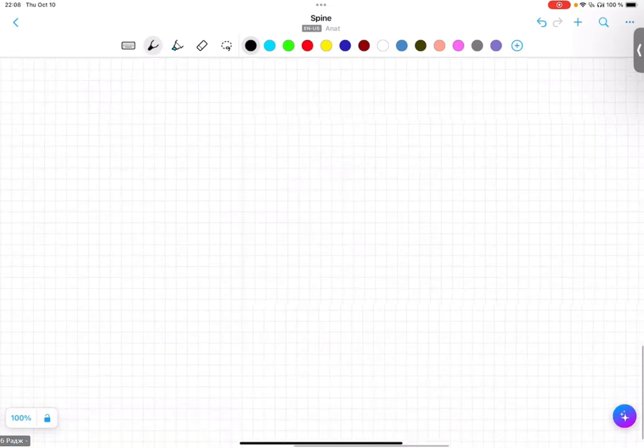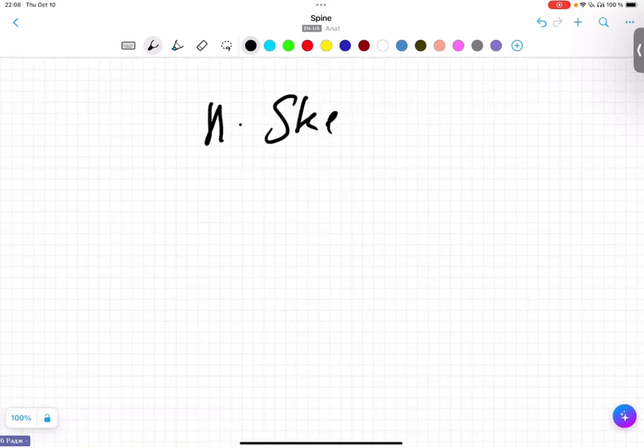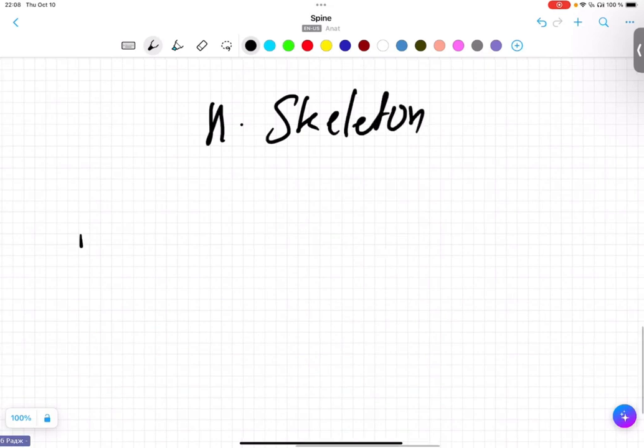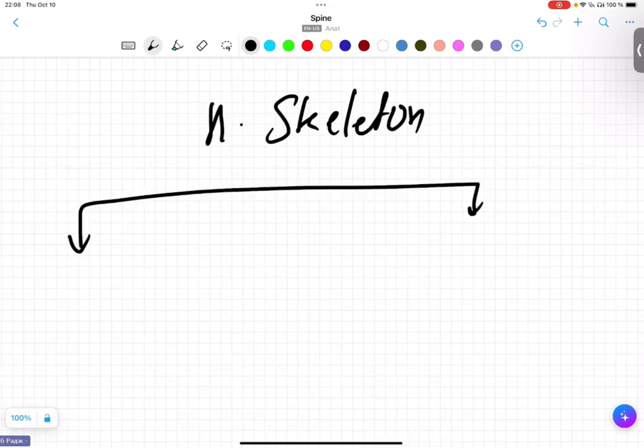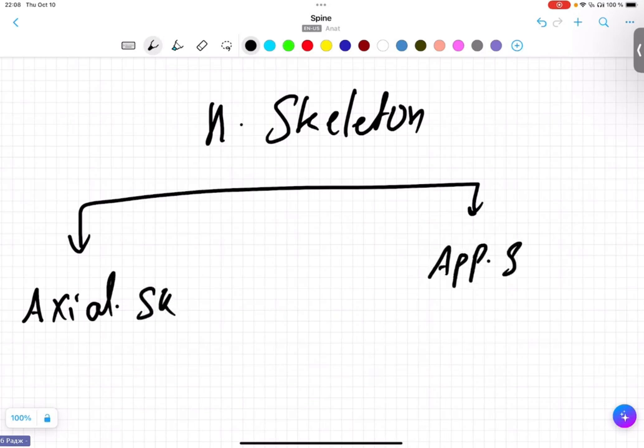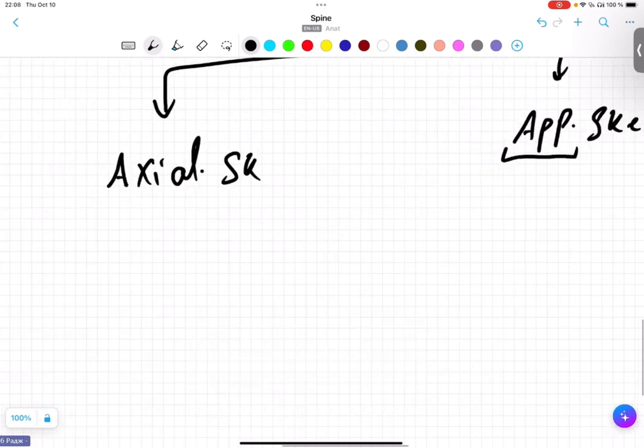So, the human skeleton is divided into two parts, axial skeleton and appendicular skeleton. See, appendage means limbs here.